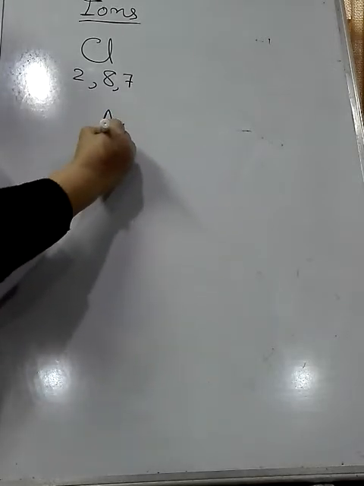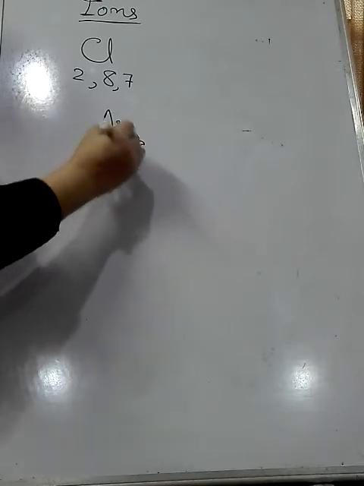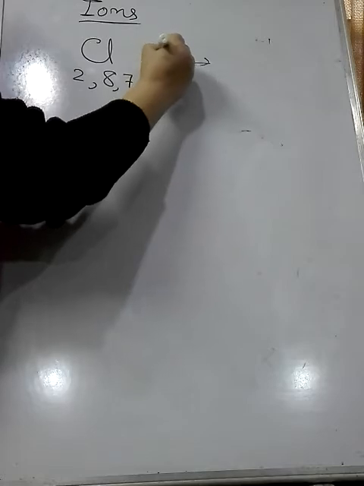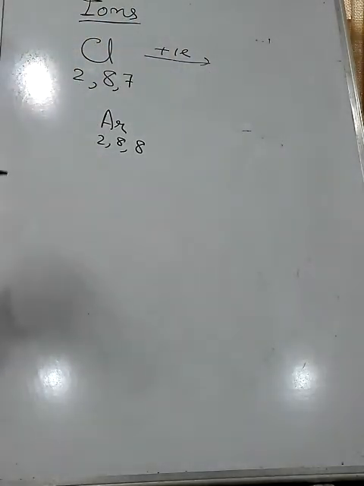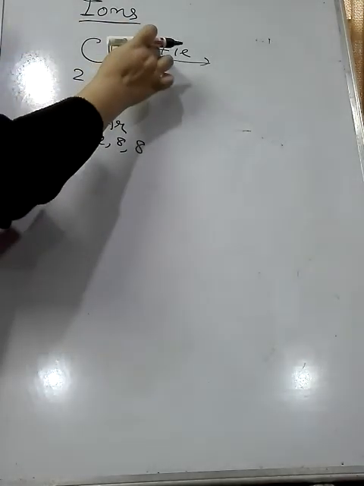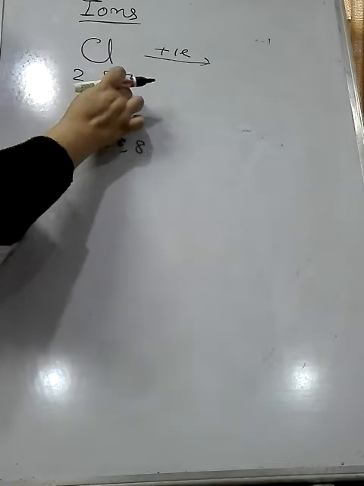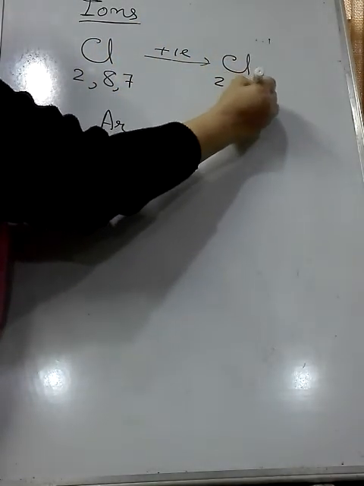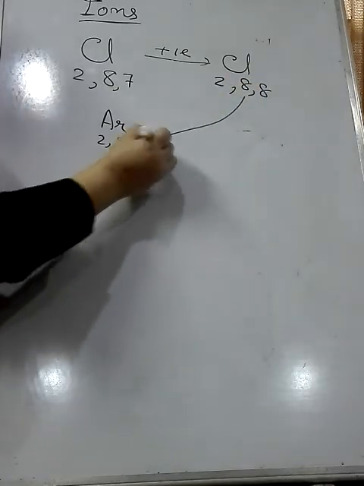Argon's configuration is 2,8,8. So what is the natural tendency of chlorine? Chlorine will accept an electron. You have seen that a metal like sodium donates the electron. In case of chlorine or any non-metal, it will accept an electron. It will accept one electron in the outermost shell. As a result, its configuration will be 2,8,8, the same as argon.